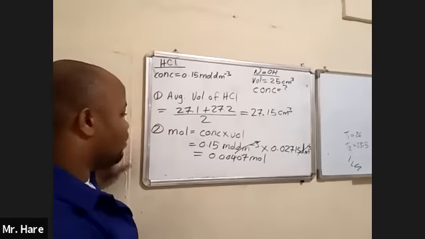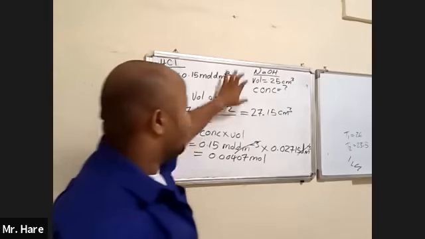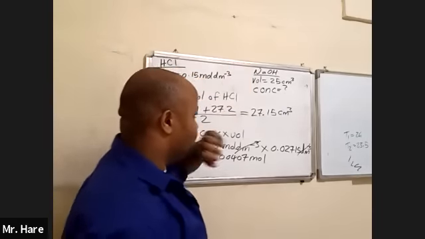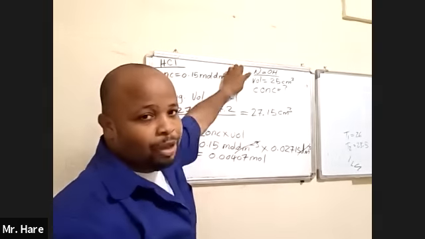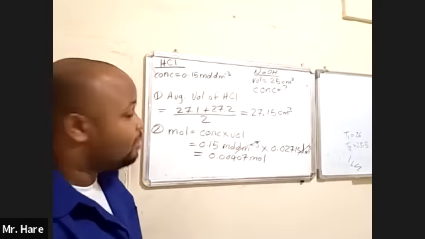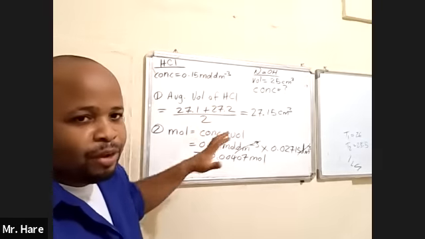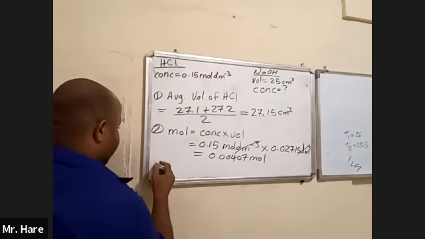What should we do after we get the moles of HCl? Remember, our objective is to get the concentration of sodium hydroxide. To get the concentration, we need the moles because we already have the volume. So all we need is the mole of NaOH. That is correct, Tisha. We need the equation.